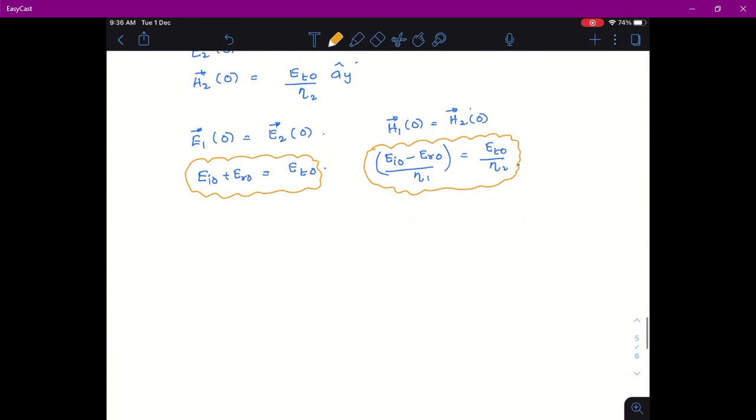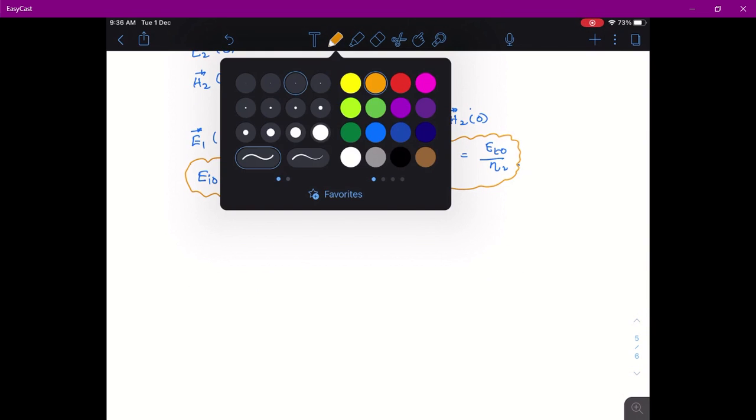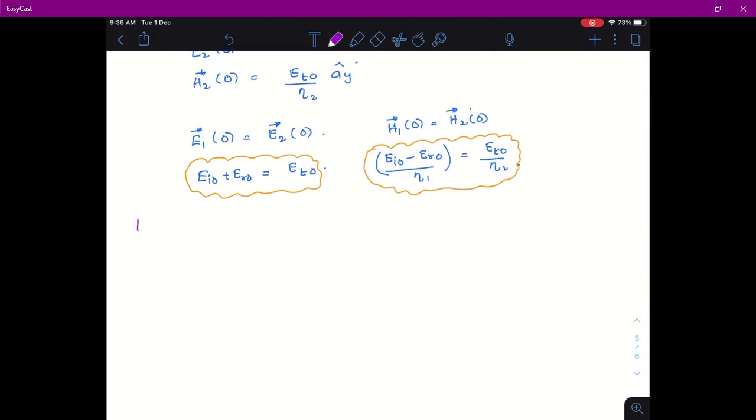Now let's do some manipulations. Let's find out how much of the incident wave is reflected and how much of the incident wave is transmitted.